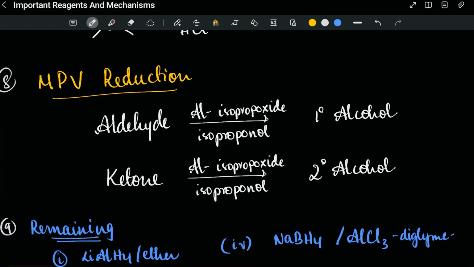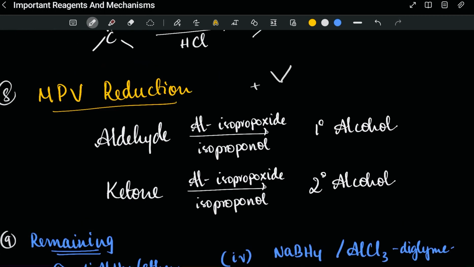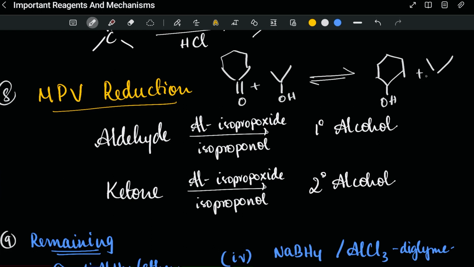Whenever you see isopropanol, and we have a keto group or aldehyde group, what will happen? This is a reversible reaction. It reduces into alcohol, and I'll get acetone.